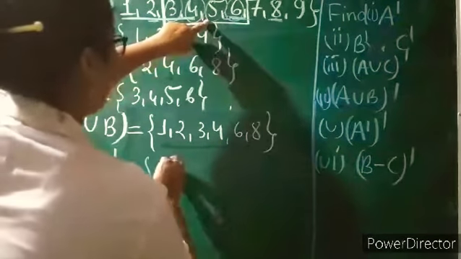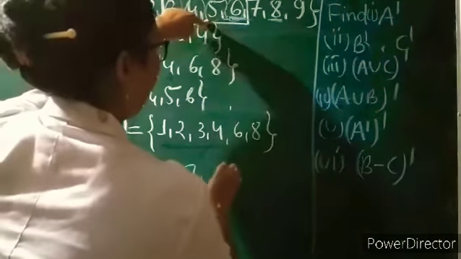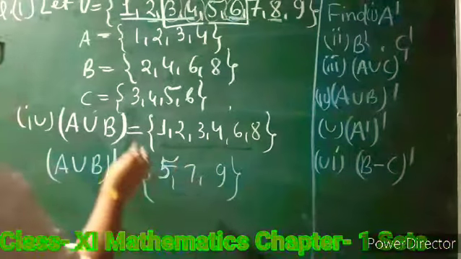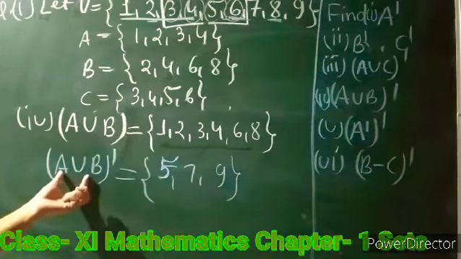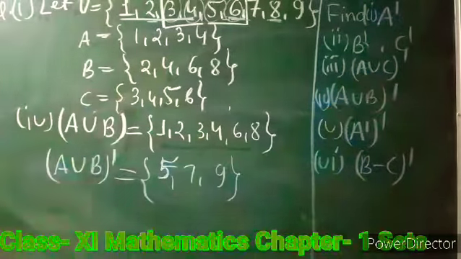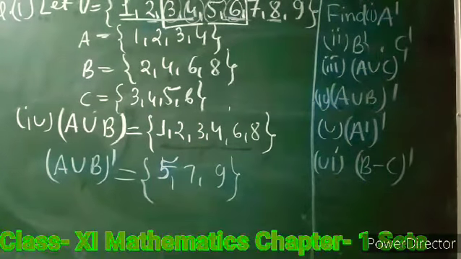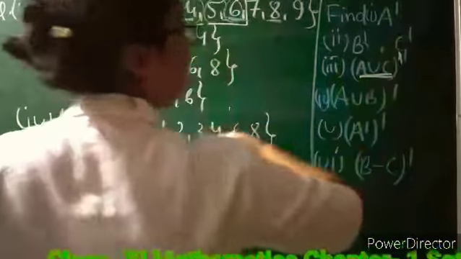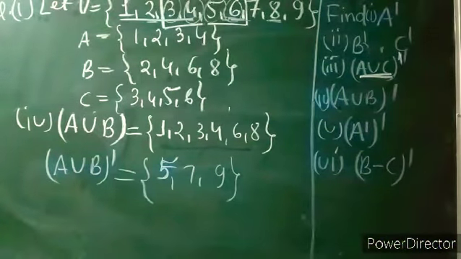So only 5, 7 and 9 are in this set, the complement of A union B. Like that you find A union C, complement of A union C. For this, first you find A union C, after that you take the rest of the elements in set U, that means the universal set.